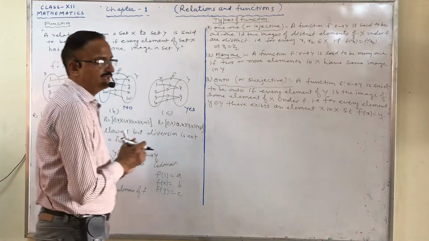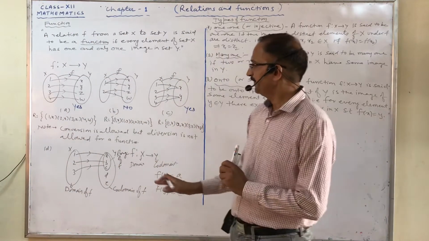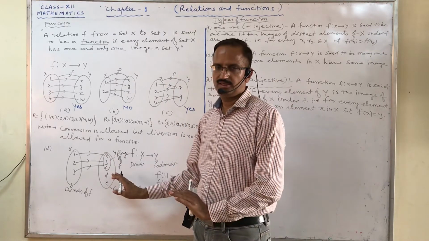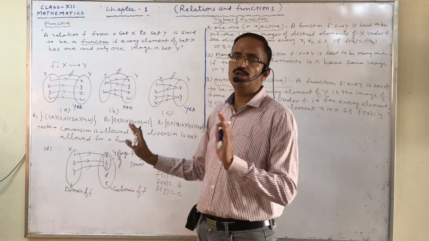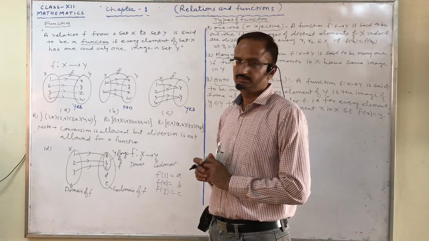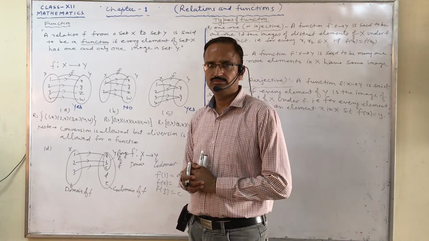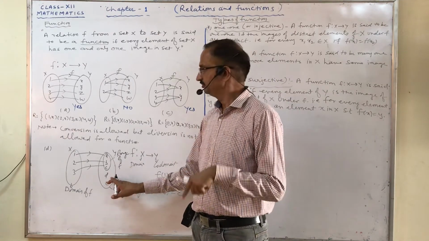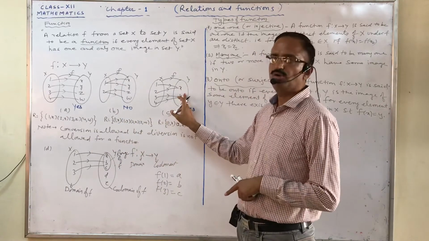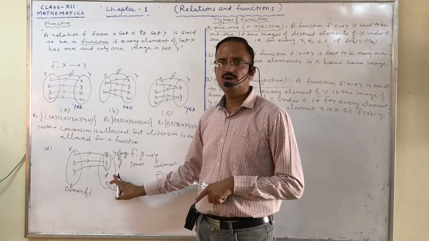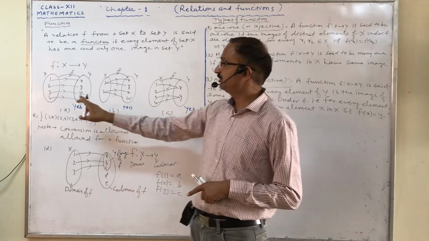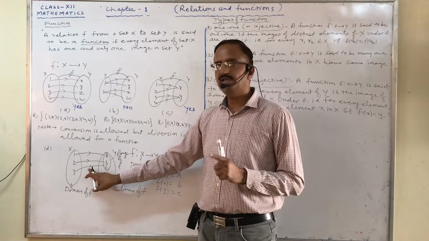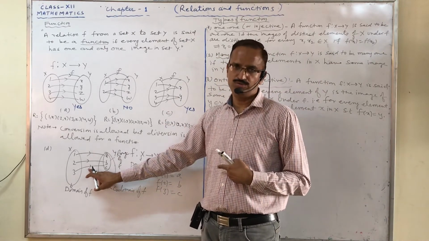We can easily identify an onto function: if any element of set Y is not associated or free, then the function is not onto. This is onto. This is onto. But this is not onto. This is one-one onto. This is many-one onto. This is only one-one, but it is not onto.